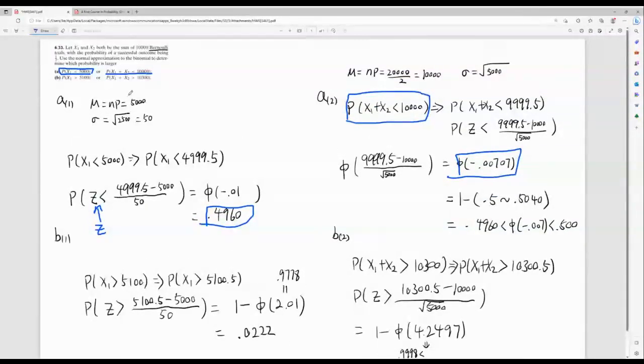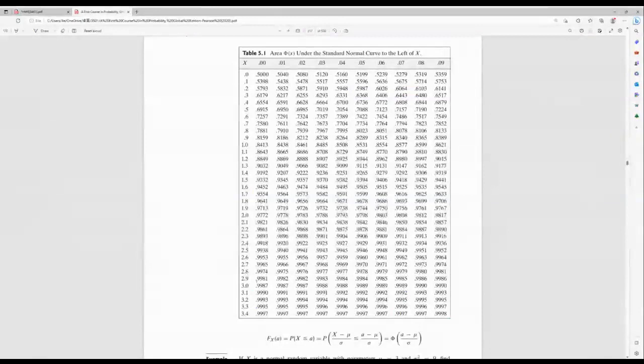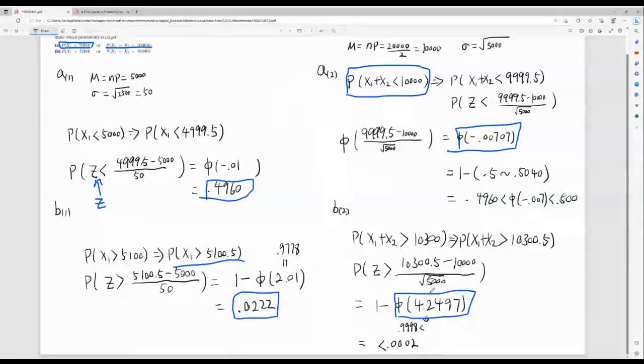And for part B, similarly, we have to use continuity correction, and we do the calculation. Once we find this, we cannot convert it because the largest number in the chart is 3.49, but we know it's bigger than 0.998.